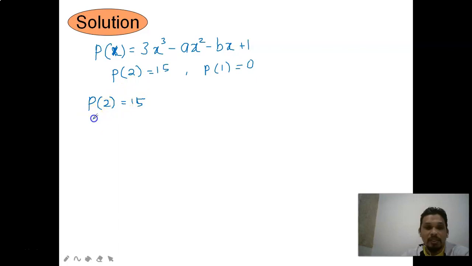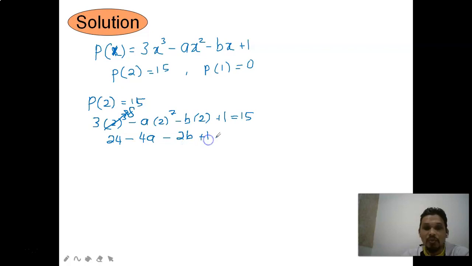From here, 3 times 2 cubed minus a times 2 squared minus b times 2 plus 1 equal to 15. So 2 cubed equal to 8, 8 times 3 equal to 24, minus 2 squared equal to 4a, minus 2b plus 1 equal to 15.